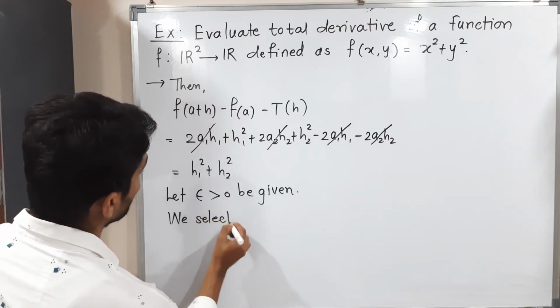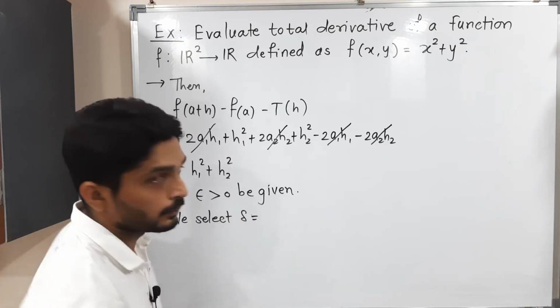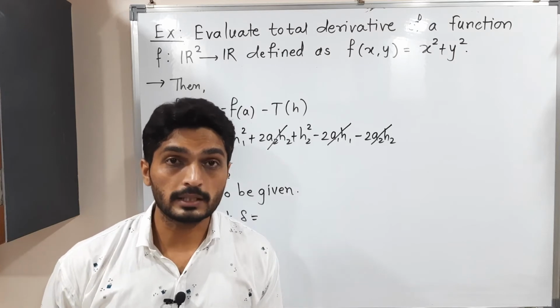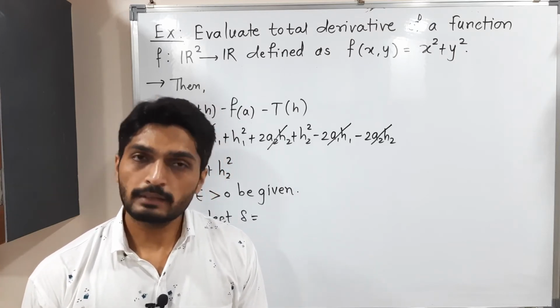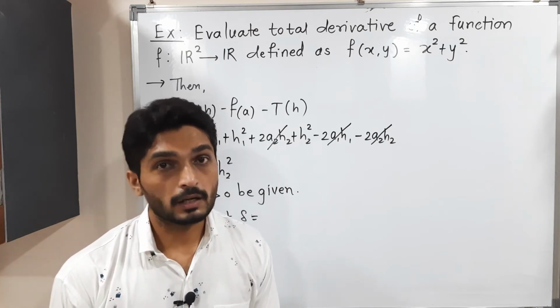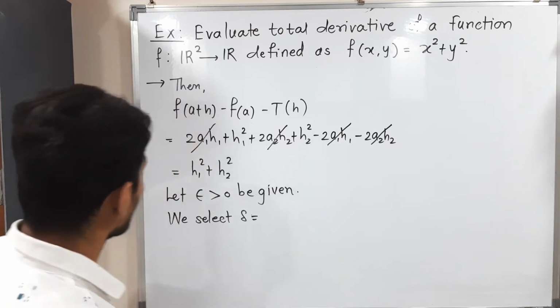We select delta equal to, but right now it is difficult to guess the value of delta. So I will keep it blank, we will go further, and after solving a few steps we will come to know what should be our delta.